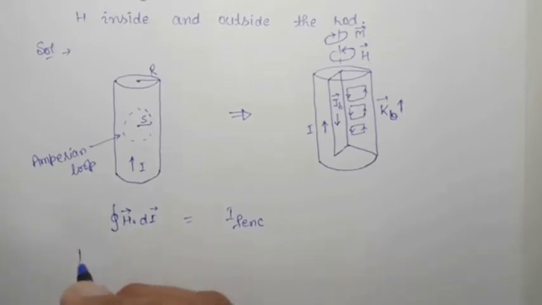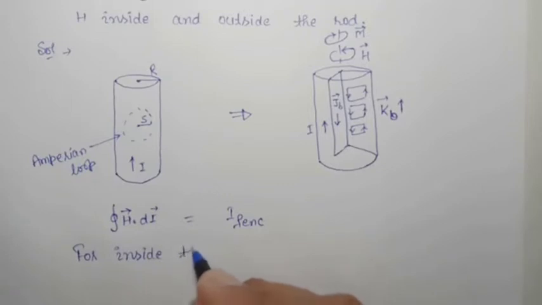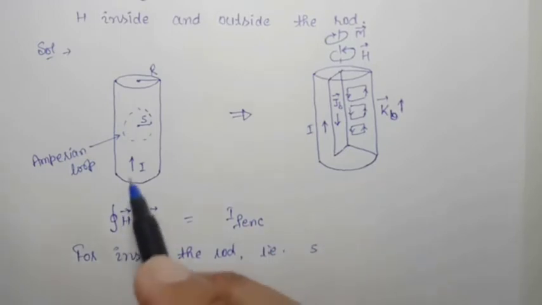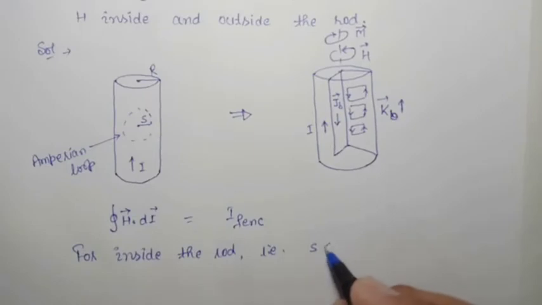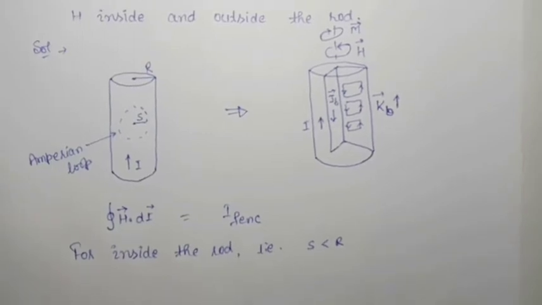So here for inside the rod, that is when s, the radius of the Amperian loop, is less than capital R, the radius of the rod, we can write the above equation, that is H, when we integrate dl, we get 2 pi s, that is the circumference, and here in this case we multiply I, the current given in the problem, by the ratio pi s square over pi R square.